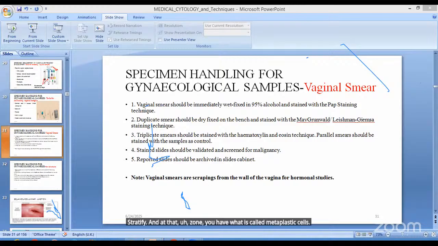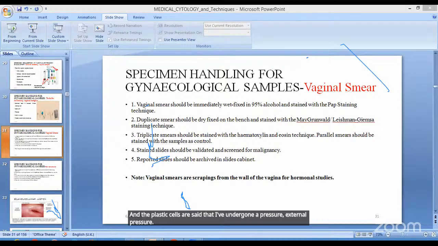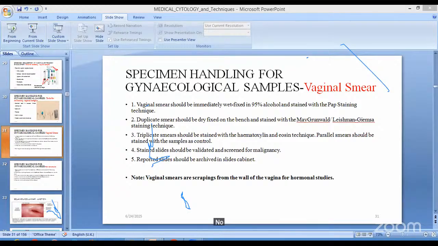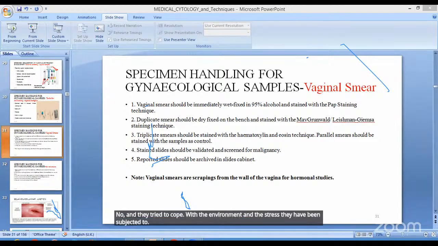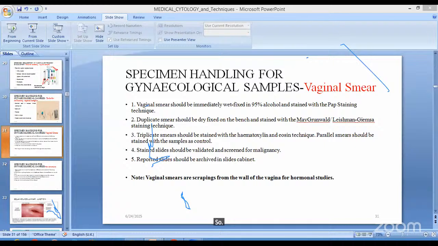Metaplastic cells are cells that have undergone external pressure, and they try to cope with the environment and the stress they have been subjected to. So samples for cervical screening can be collected from there. And of course, the new squamous-columnar junction, where the tip of the speculum inserted will be.